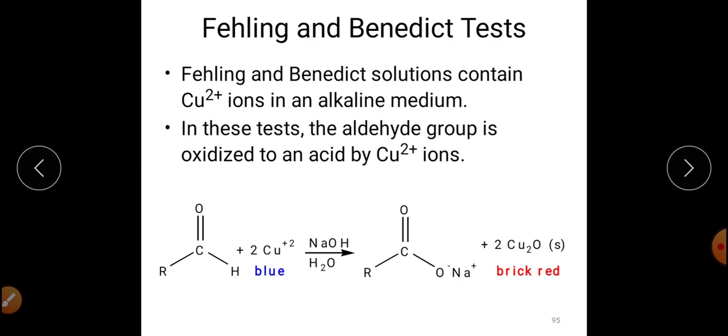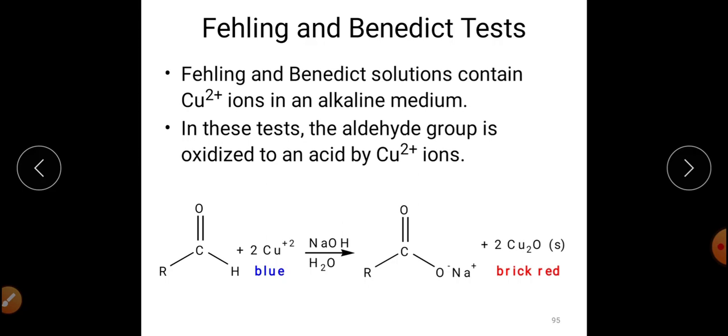When we mix these two solutions in equal amounts, that prepares the Fehling solution.